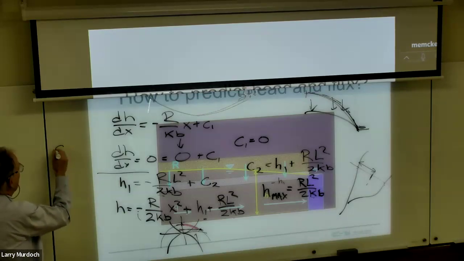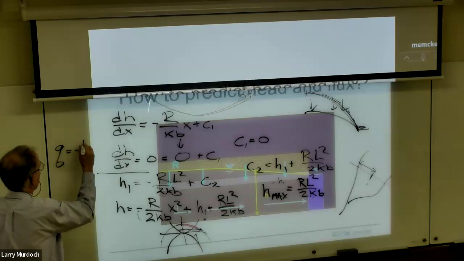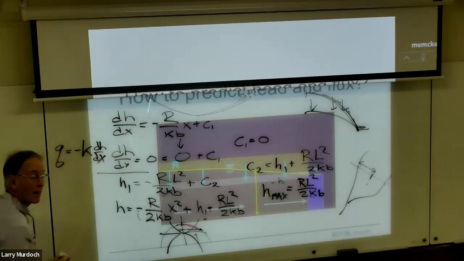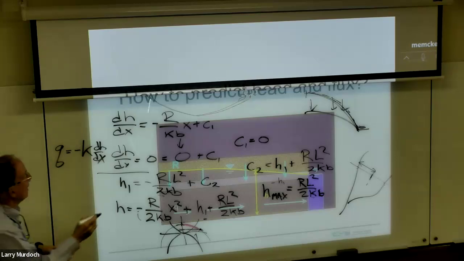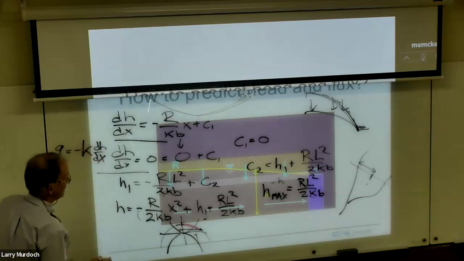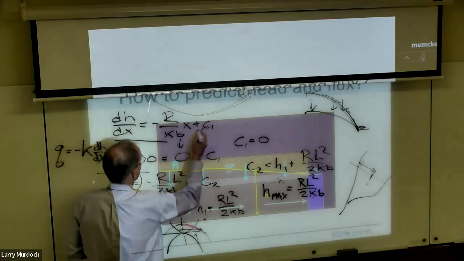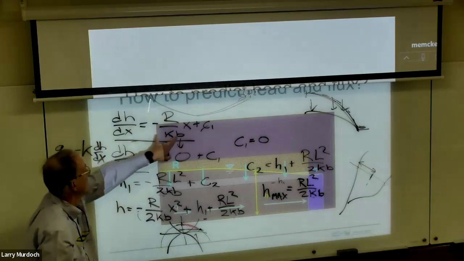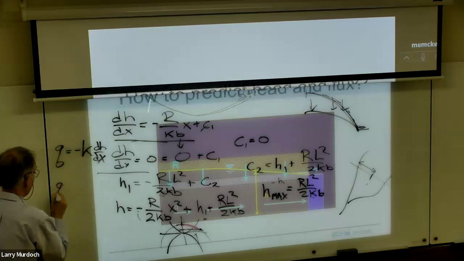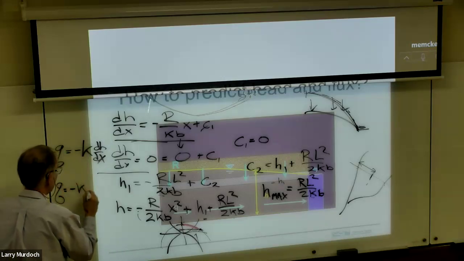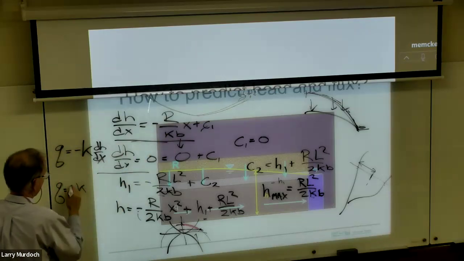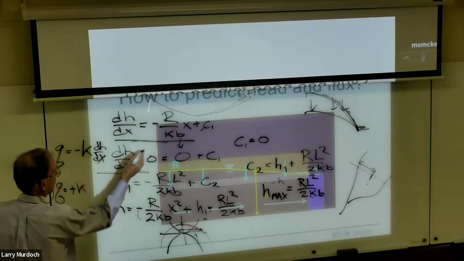So remember from Darcy, and you know what this is now, C1 is 0. So that's the head gradient. We can just say that the flux is minus K times that stuff. The minus makes that a plus. I'll just write that out.